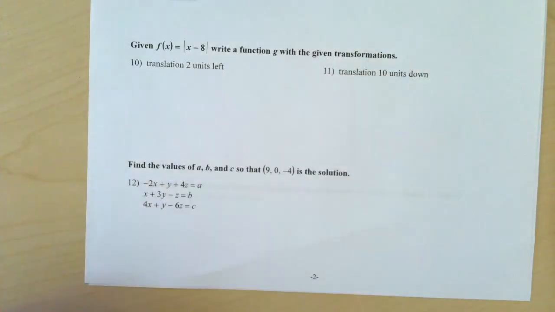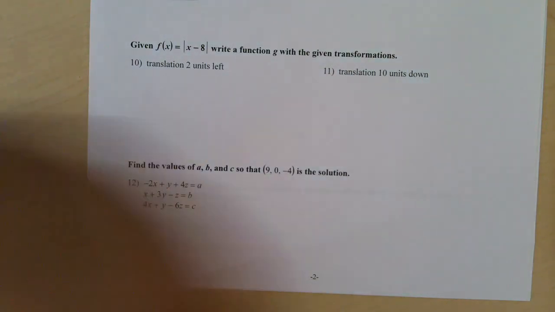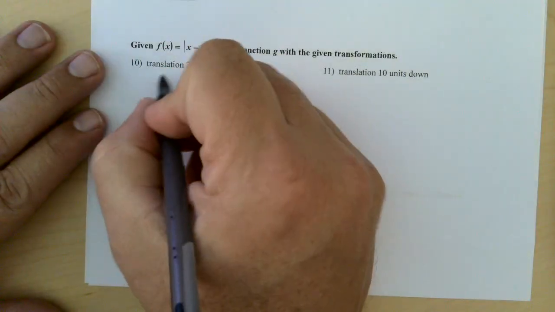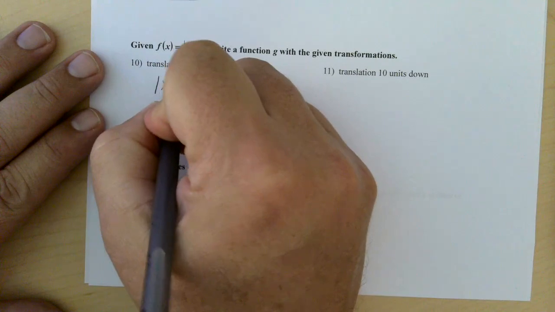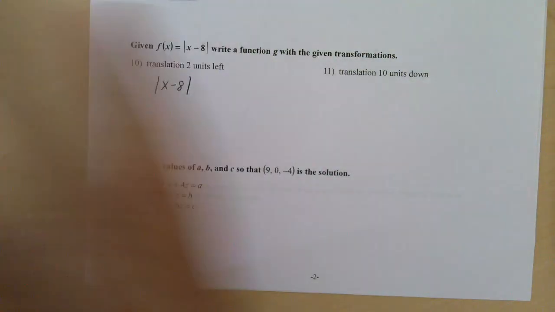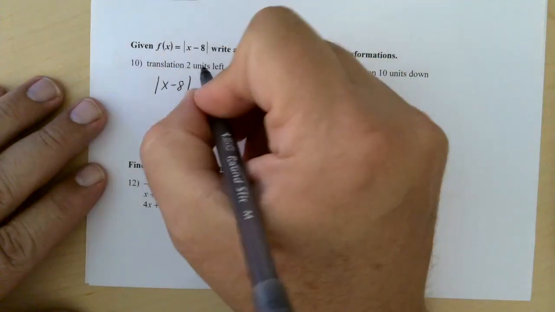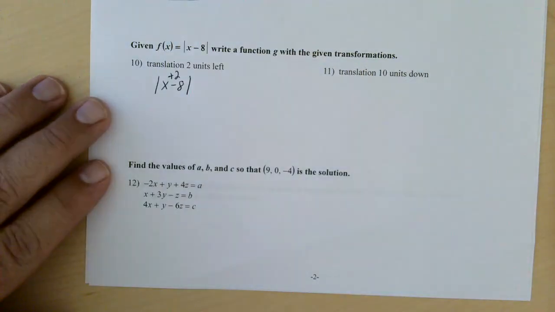This next part, now we're going to transform an absolute value function, okay? So we already know this V is already to the right 8, but we want to now, for this first one, move it to the left. So I have x minus 8. There's your original function, already 8 units to the right, and I'm going to bring it back, so since it's a horizontal movement, we go inside and put a plus 2.